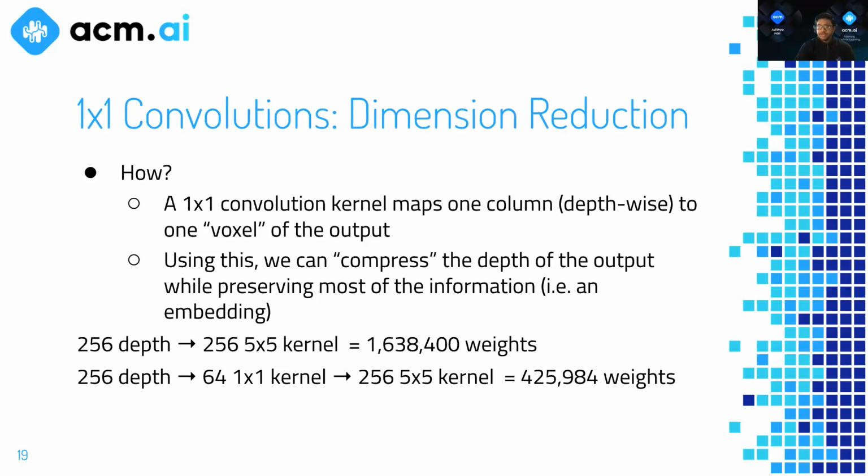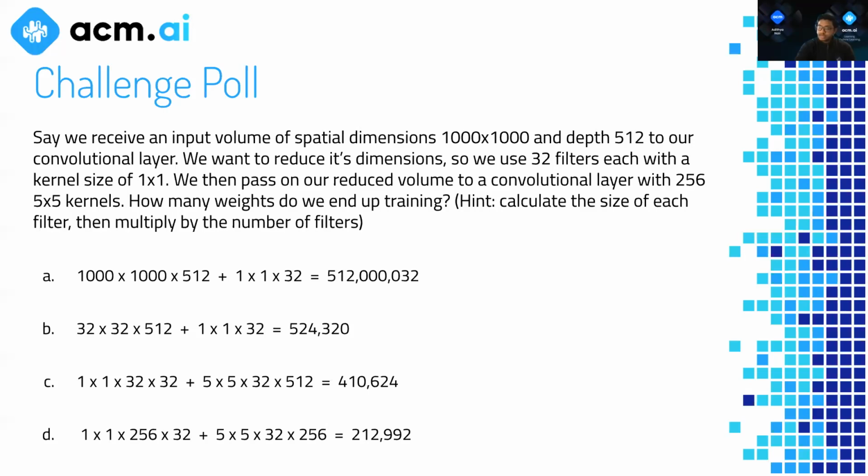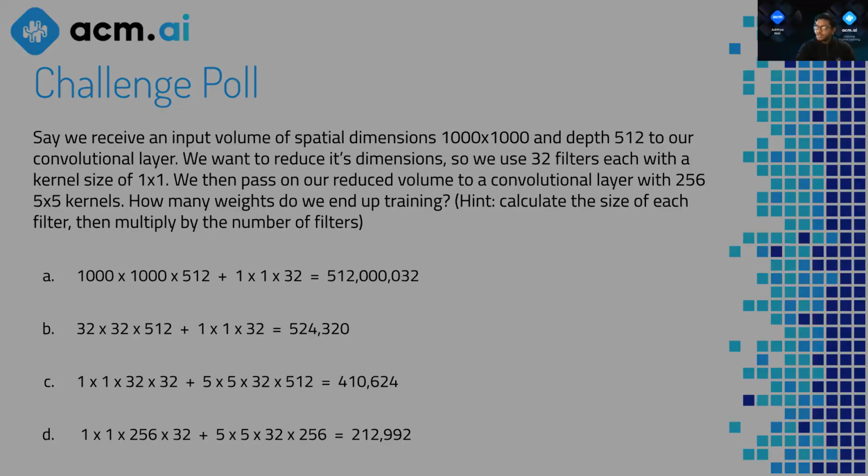And now we're reducing it to about 420,000. So it's a big reduction in computation time and training time, and it makes life a bit simpler. So yeah, sorry about this. I don't know why that happened, but hopefully it won't happen in the future. But I hope you guys understand how dimension reduction with 1 by 1 convolutions works.